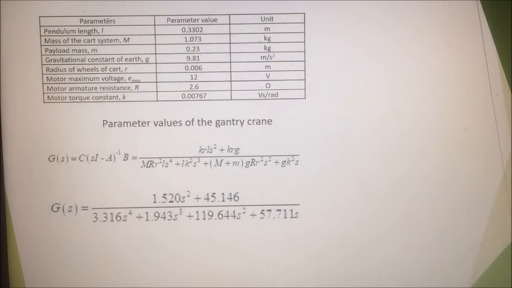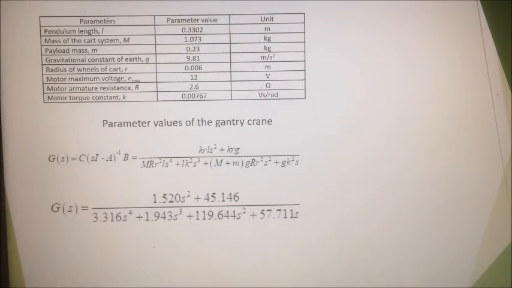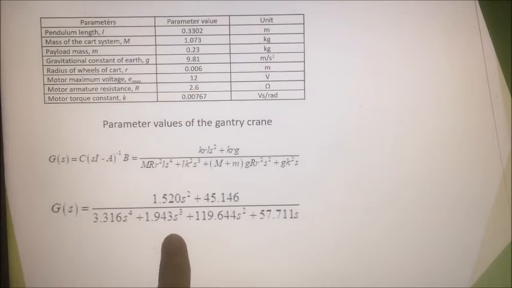Based on the matrices A, B, C, D just now, if I convert the state space into a transfer function, I will get something like this. After I put those parameter values into this transfer function, the corresponding function looks like this.